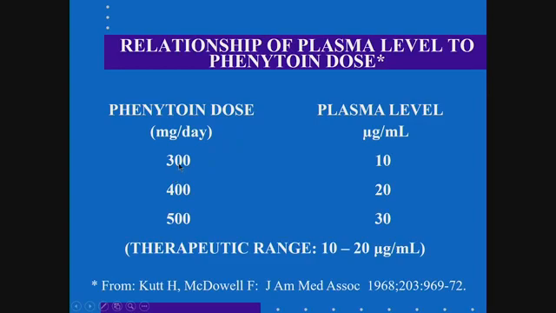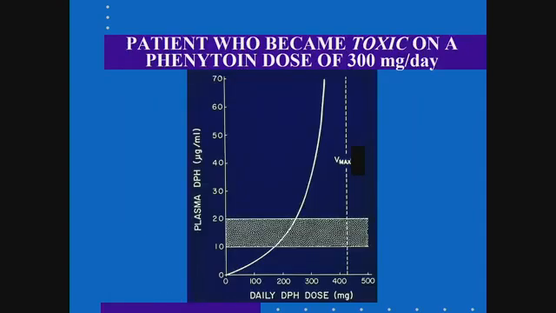Here, the patient receiving 300 milligrams per day of phenytoin has a concentration of 10 micrograms per ml in plasma. Again, the mean steady state concentration. We go up to 400 milligrams and the concentration already doubles. We go to 500 milligrams per day, we have triple the concentration of phenytoin. So we do not have dose proportionality with drugs that follow Michaelis-Menten kinetics of elimination.